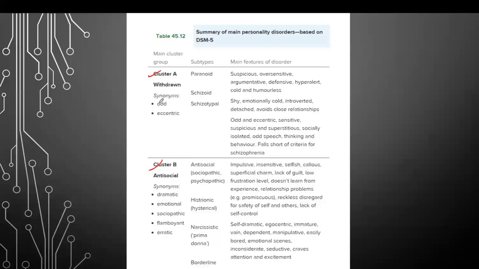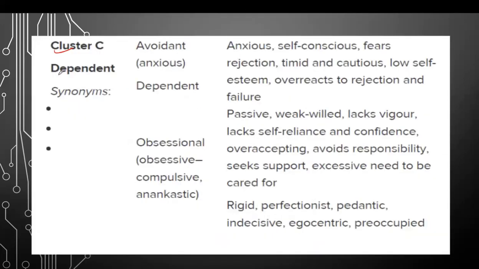Those personalities are the person's identity. We divide these different kinds of personalities, especially the personality disorders, into three clusters. Cluster A is the withdrawn personality people, cluster B is antisocial, and cluster C is dependent.